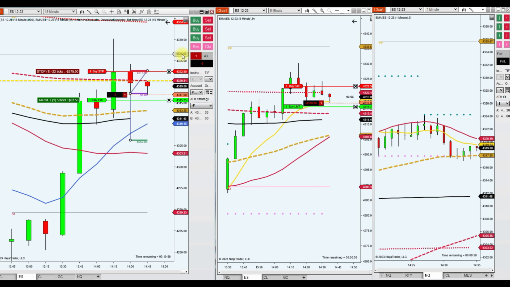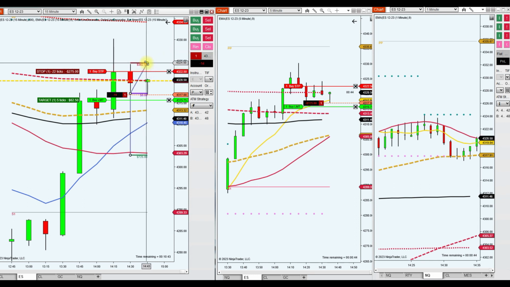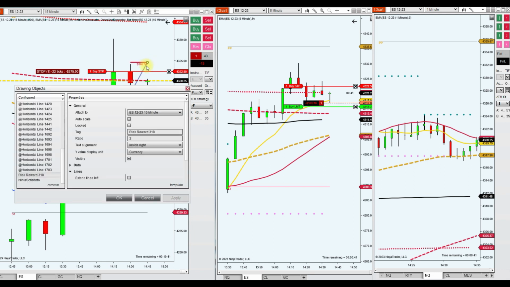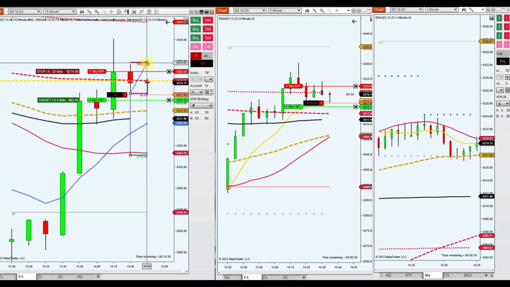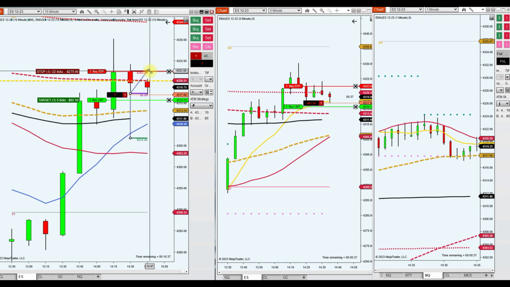And I think I did get it below the signal bar. Taking quite a bit of heat on this trade. I mean, technically my stop really should be here. But I'm just putting it here.